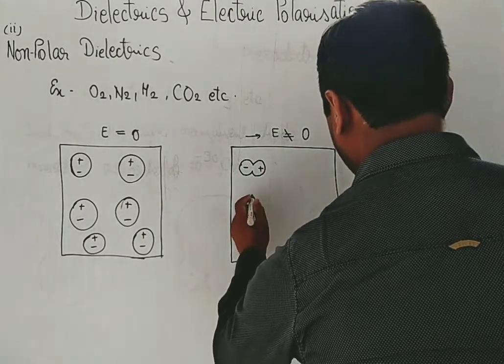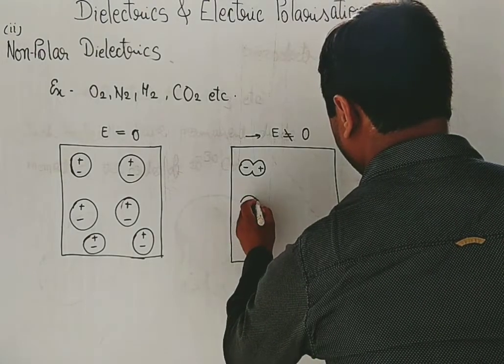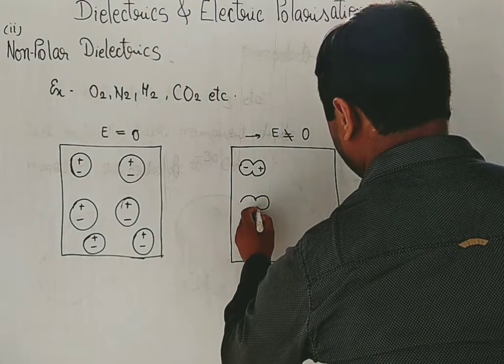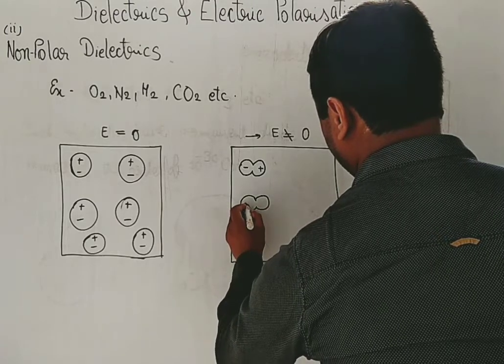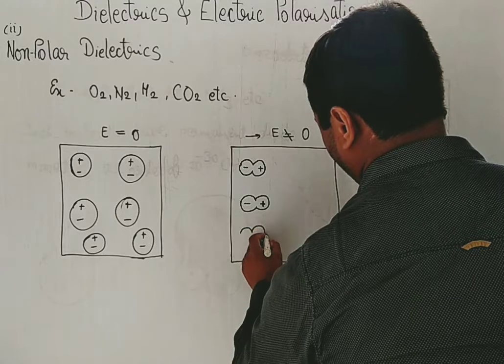This way positive and negative charges start separating, and we have a picture seen within the specimen as is being drawn on the board.